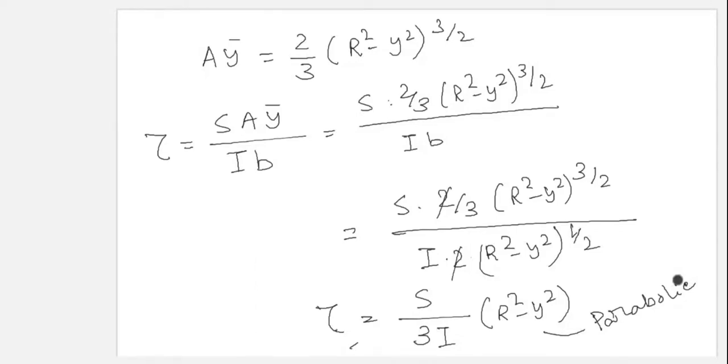So now what will be the tau values along the beam section height? This was the beam section. This is our NA.